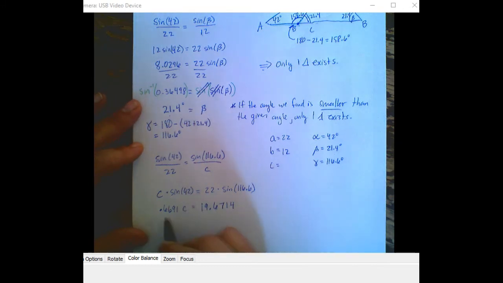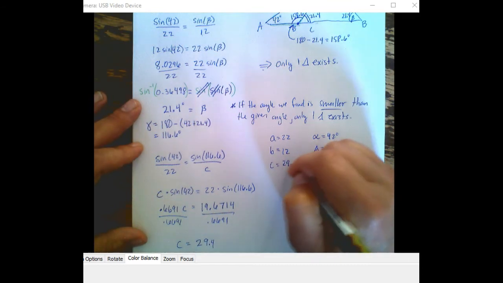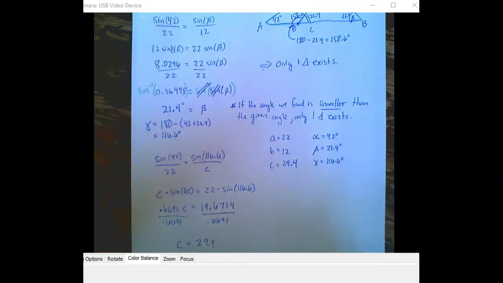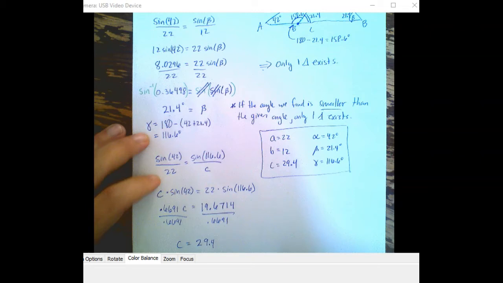Divide both sides by 0.6691, gives us C. So it looks like 29.4. Okay. So here is all of our missing info.